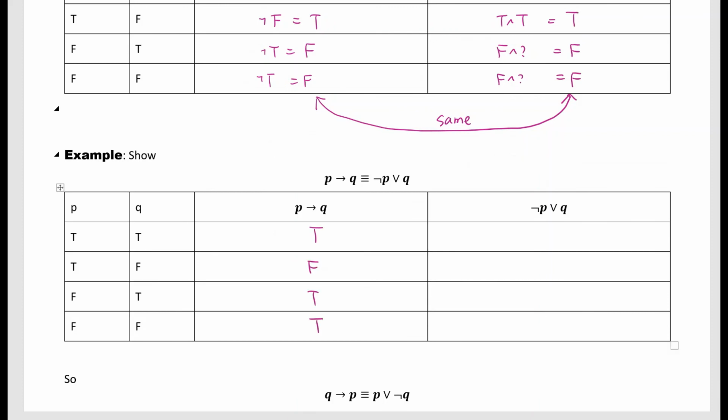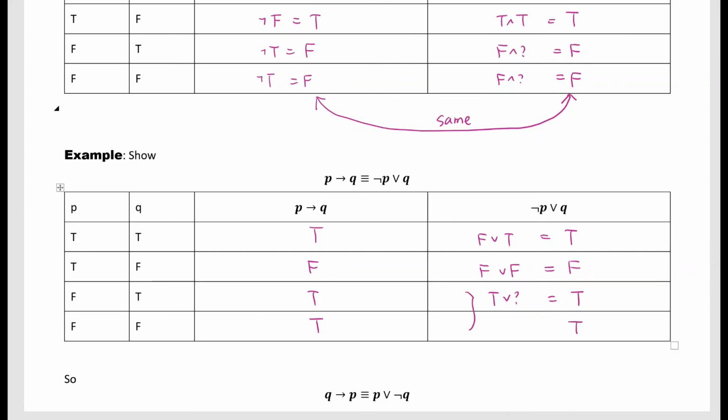Okay, not P is false or Q is true. So this is true. Not true is false. False or false is false. Not false. Oh, actually here not false is going to be true. True or whatever is going to be true. So this is true as well.